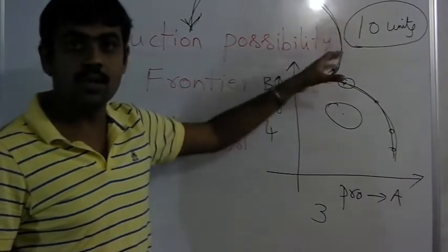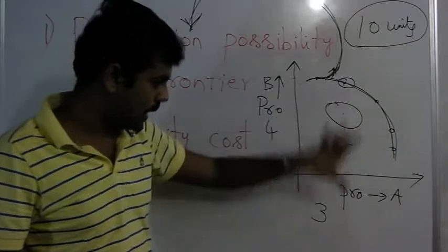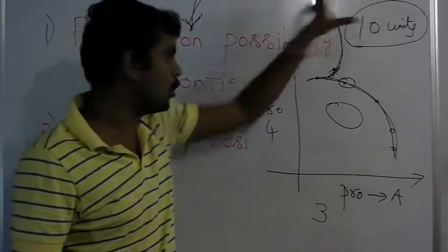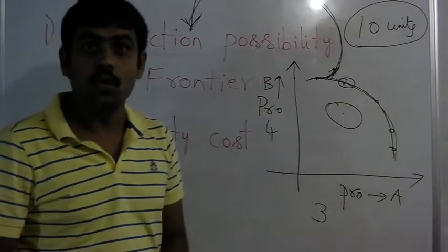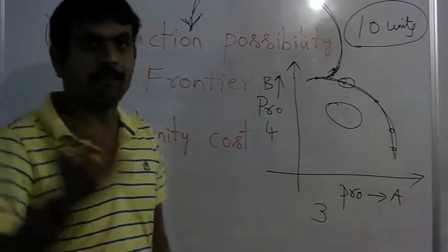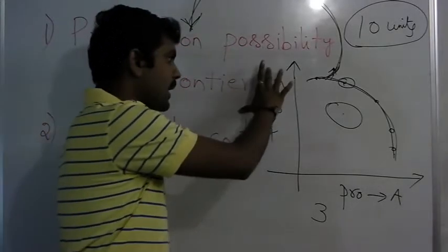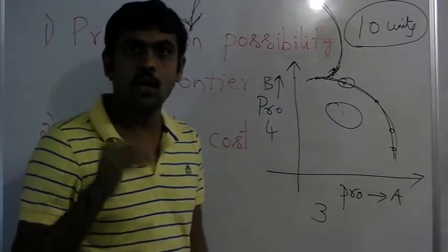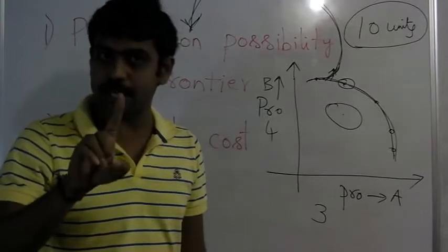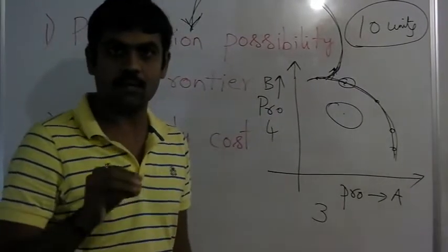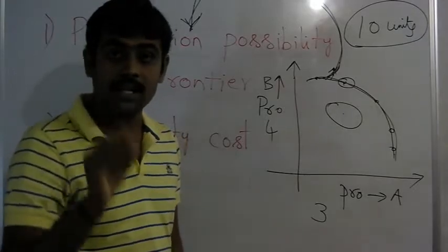We should use more units for A and the remaining units for B, so that we never skip the production of B. See here, B has a low requirement, but at the same time we are not supposed to skip the production of B, because here we are discussing the combination.